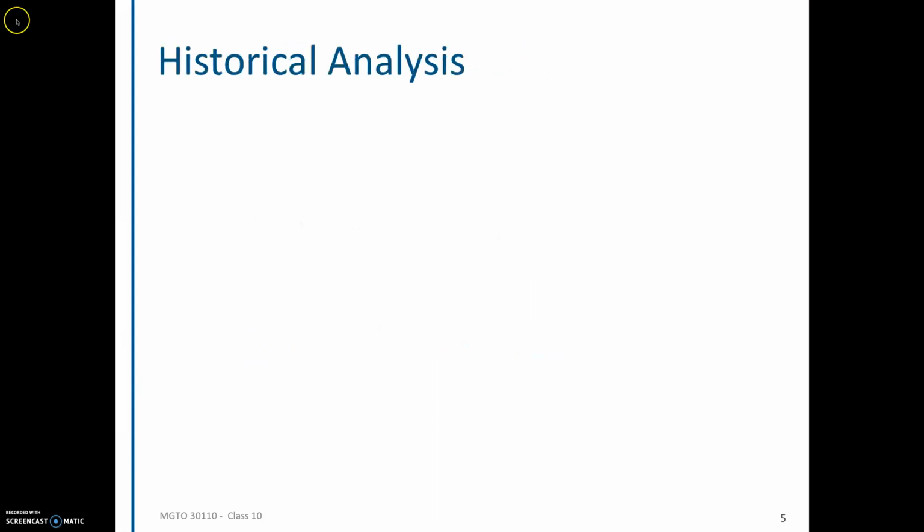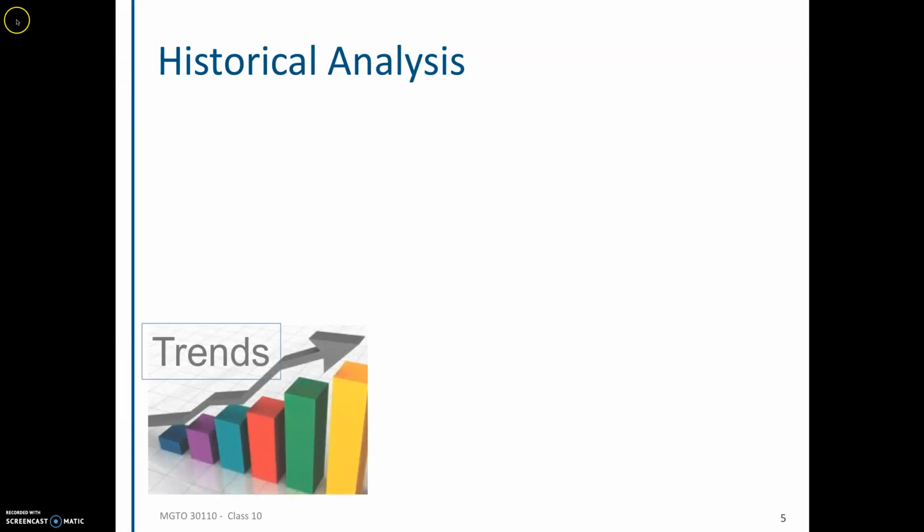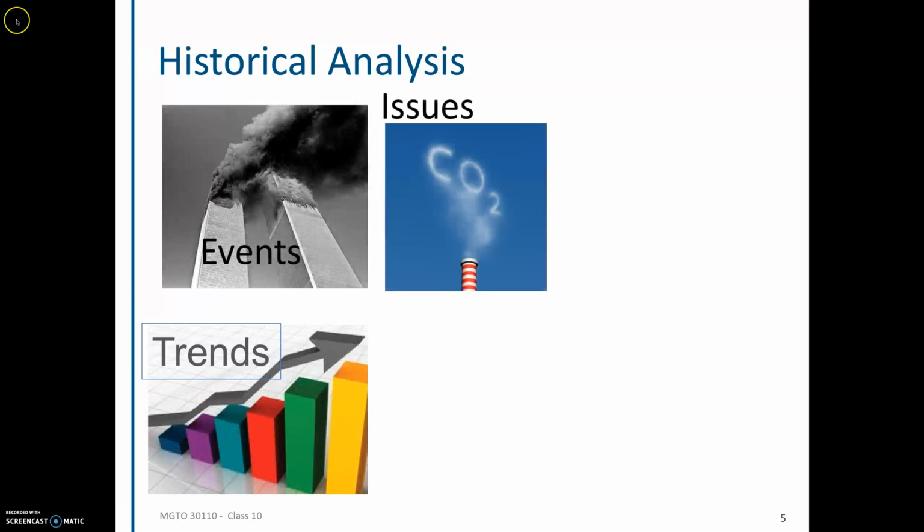The historical analysis process is one where we want to look at not just trends and continuous change, but that's where we begin, but then also look at what the potential disruptions are, which can come either in the form of some disruptive event or in the form of a debate around an issue where the outcome is not defined yet.